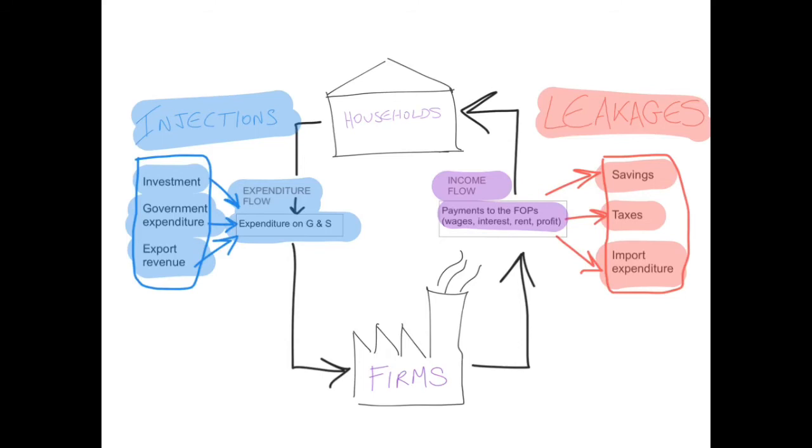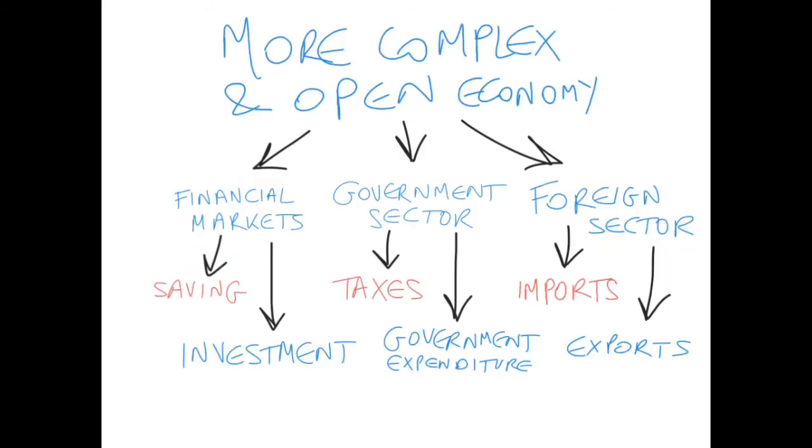They go either to or from the financial markets, if we talk about savings and investment, or the government sector, if we're talking about taxes and government expenditure, or the foreign sector, if we're talking about import expenditure, which is a leakage, and export revenue, which is an injection. So remember, this is a more complex, open economy.